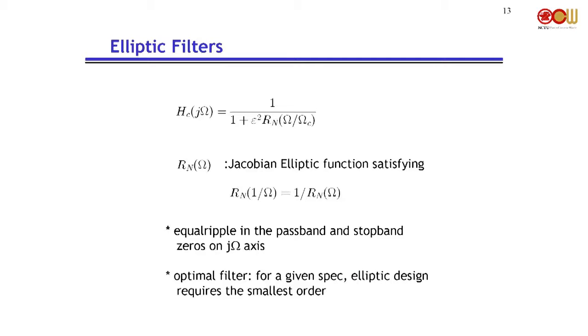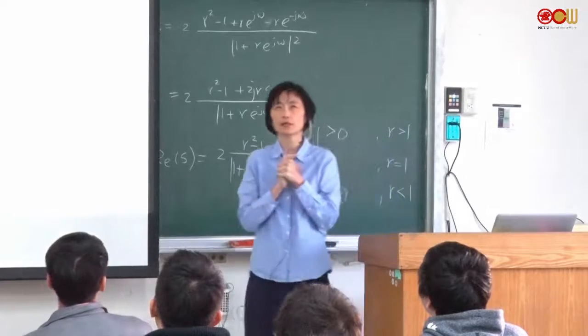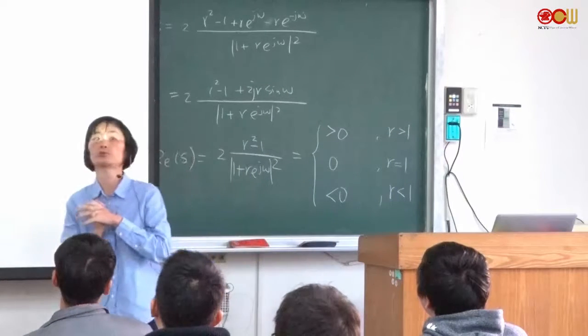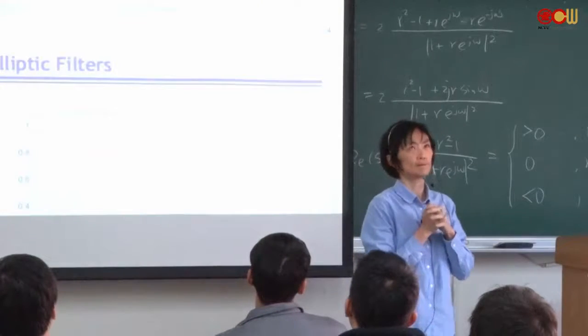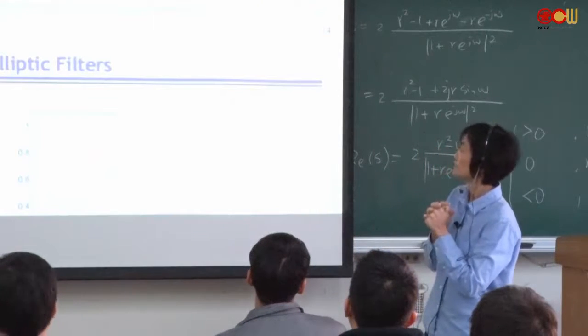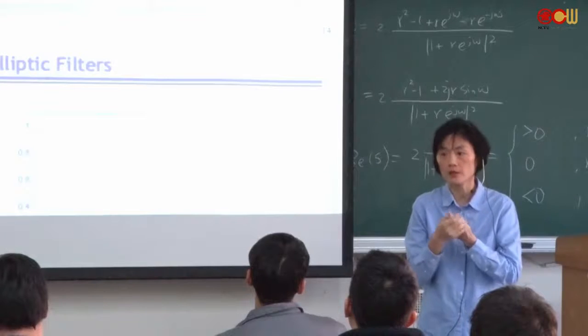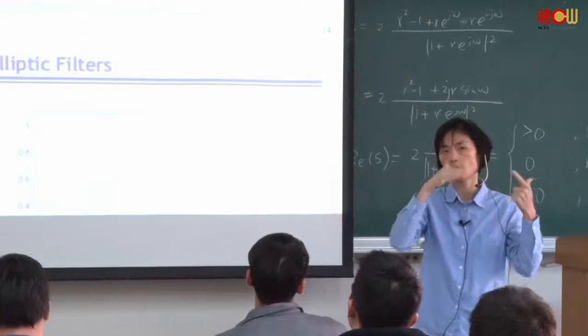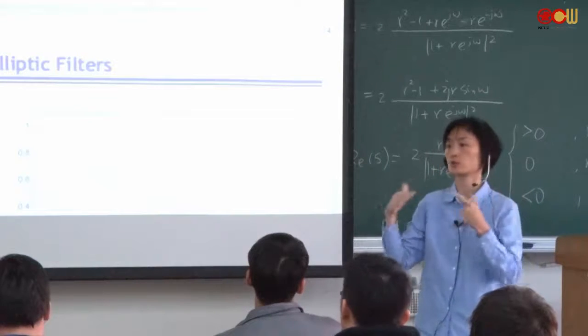elliptic filter. Elliptic filter uses Jacobian elliptic functions. And one thing about the elliptic filter is that just now when we talked about FIR filter design, we talked about equal ripple filters, right? And just now we looked at the Butterworth and the Chebyshev, and we see that they all have part of it that's monotone decreasing.